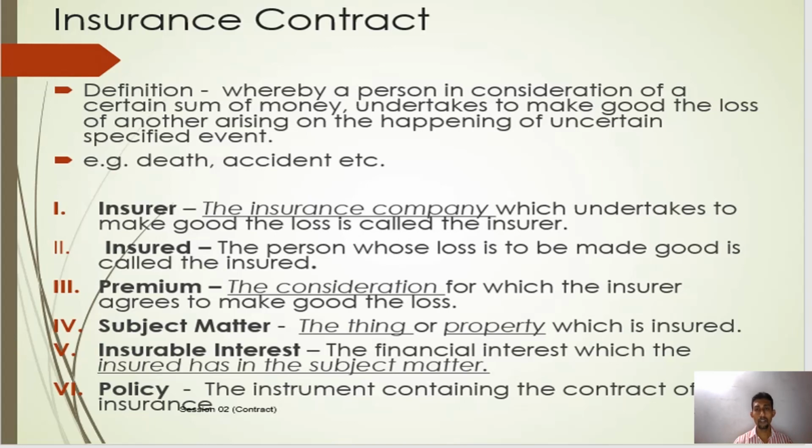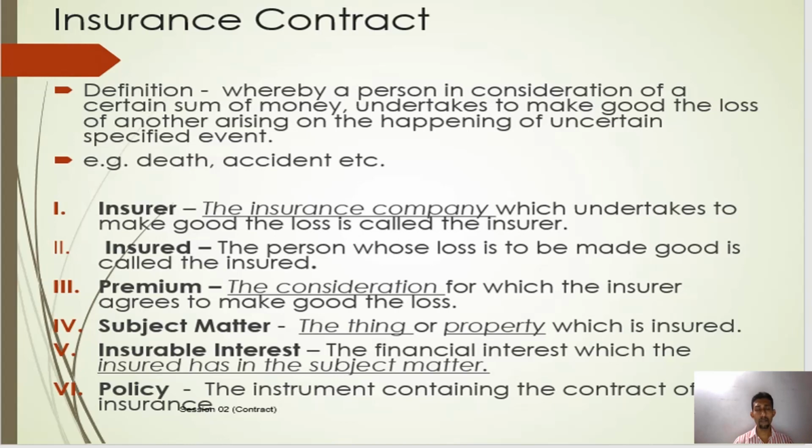So there should be a person in consideration for a certain sum of money. So it has to be a financial value, undertakes to make good the loss of another arising on the happening of an uncertain, specified event. So a couple of key things that we need to highlight in this particular contract. Some of the examples we can say death, an accident, where we have dedicated insurance contracts.